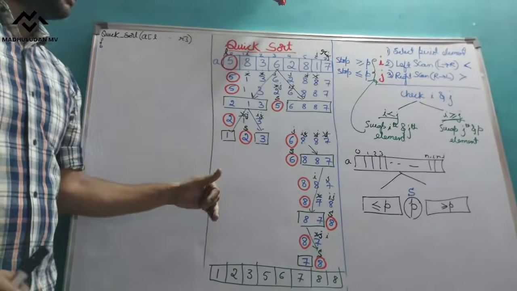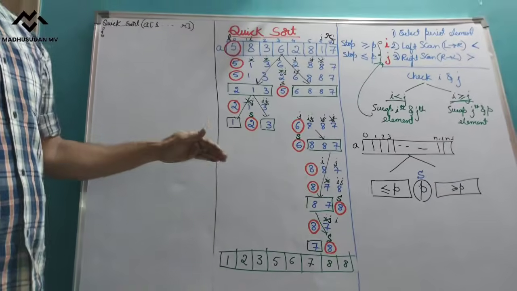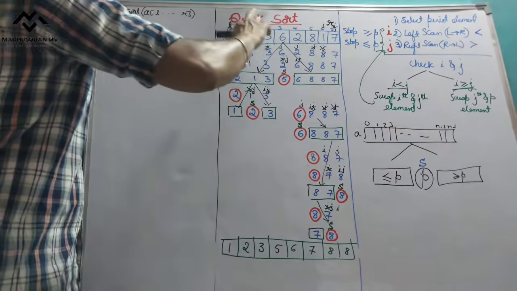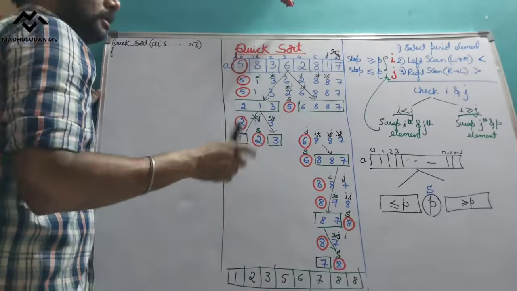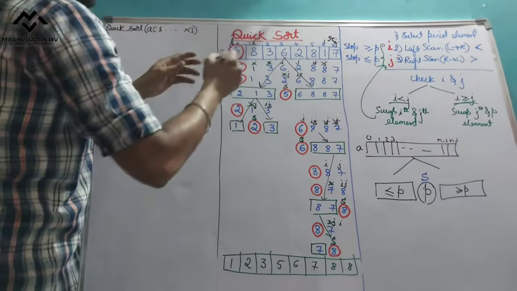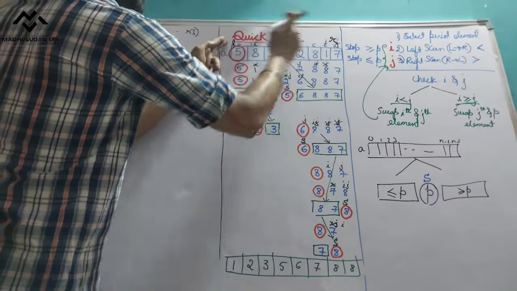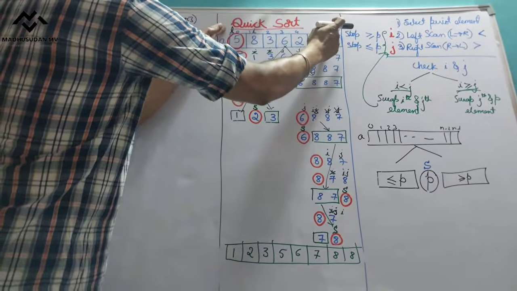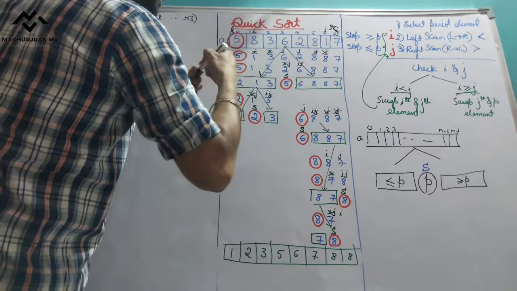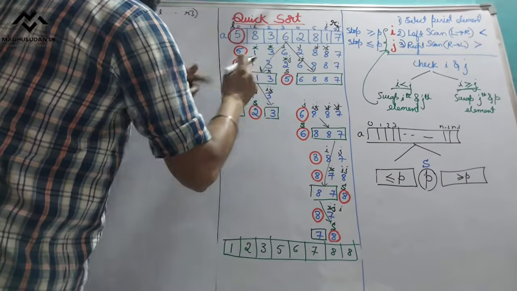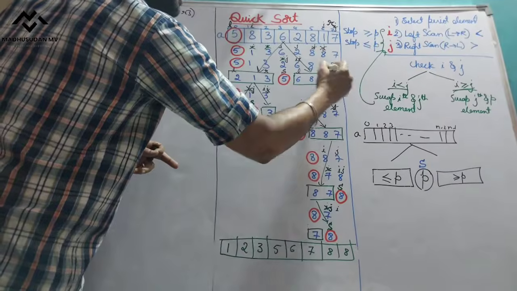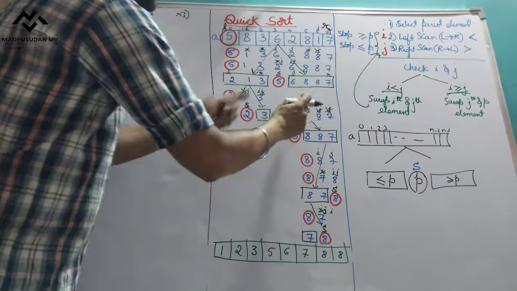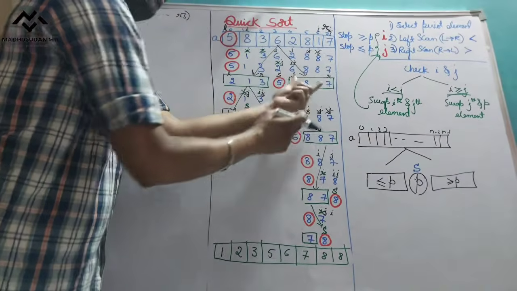So now we need to check when to split and when not to split. We need to split when more than one element is there in the array or subarray. For that, if you check, in this case this is L and R, and L is less than R, true. Here, this is my L, this is my R. Here also L is less than R, that means more than one element. Here also this is the leftmost index, this is the rightmost index, and L is less than R, more than one element.